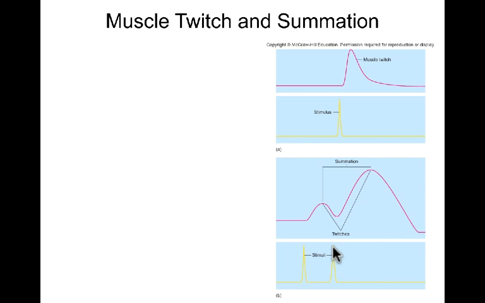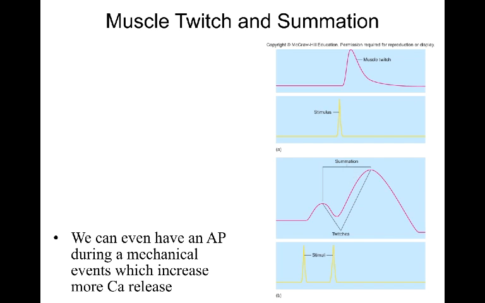By sending a second stimulation, you're releasing another 1,000. Now you have 1,200 calcium inside the cell. So you expect your contraction for the next round would be even stronger. This idea is called summation.